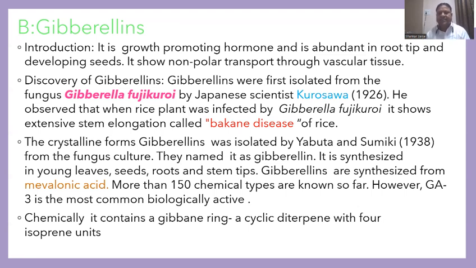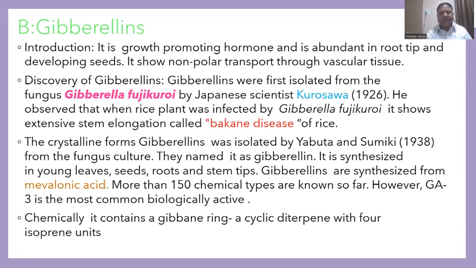Gibberellins are synthesized from mevalonic acid. So it is the precursor, a chemical substance derived from mevalonic acid. As we learned in the auxin, it is derived from tryptophan. So tryptophan is a chemical precursor of the auxin. Same way here, mevalonic acid is the precursor from which gibberellin is derived.